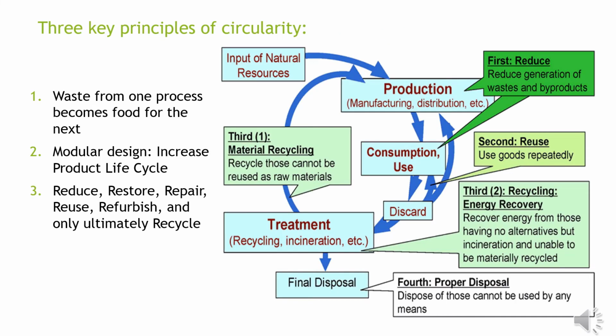There are 3 key principles of circularity related to the distributive reclamation model, the process by which we take waste and reintroduce it back into the production system, either with that particular project or with other projects.